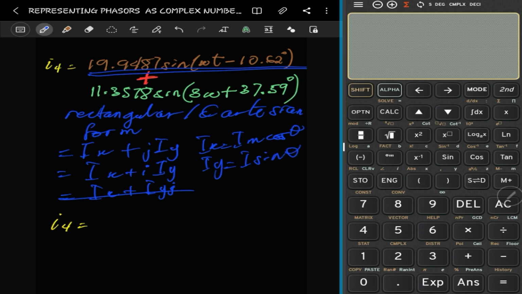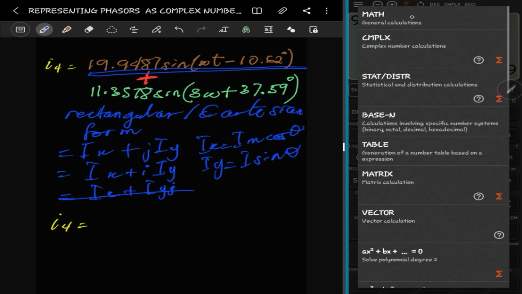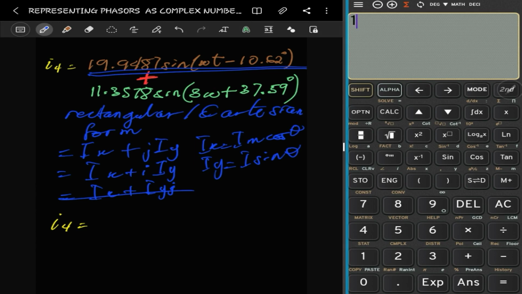So that's very straightforward. If we're trying to get the X component, we have the peak, which is 19.9487, and always work in the number of decimal places as stated, right? So we have cos, then again, let's pay attention to the sign of the phase angle.